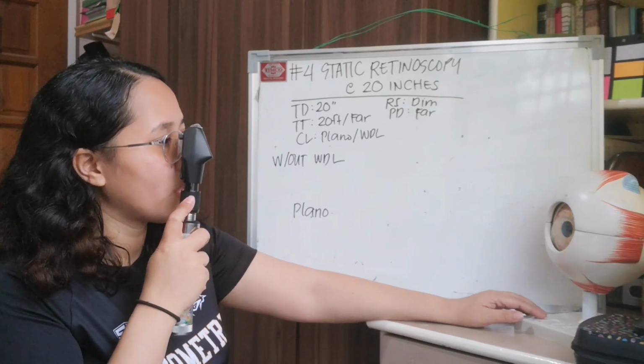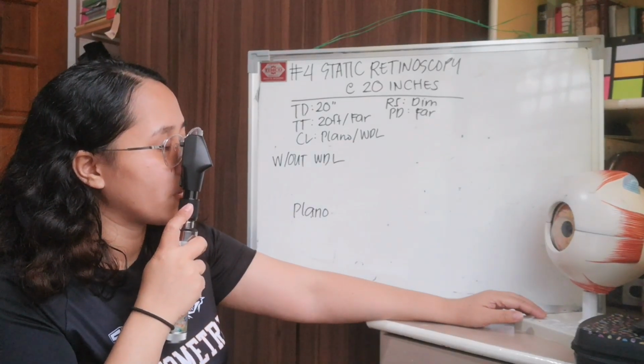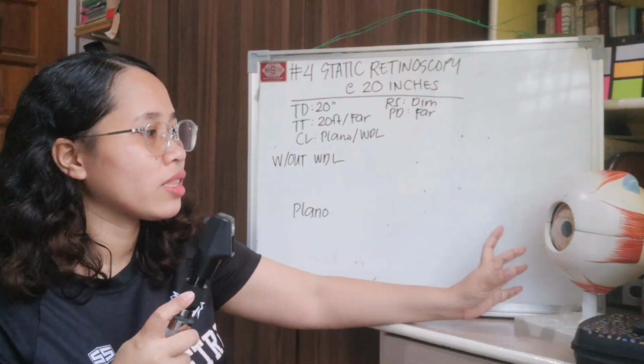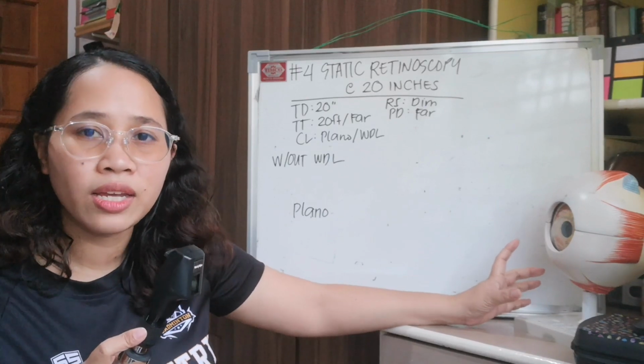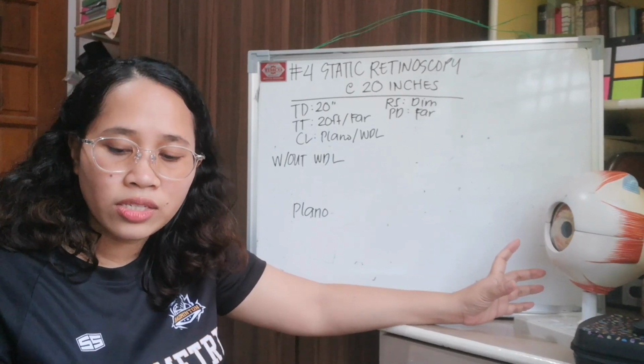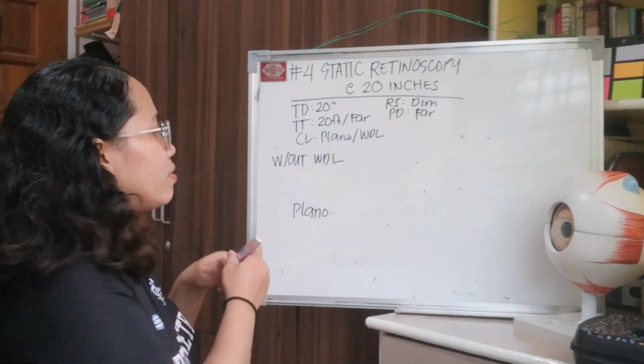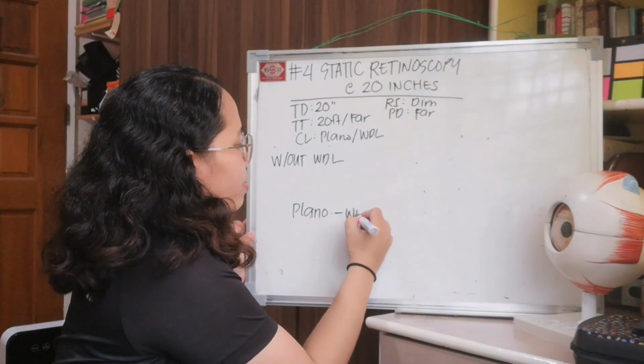So if in all meridians, 90th and then 180th, what you saw is a with movement, you will write it as plano with.